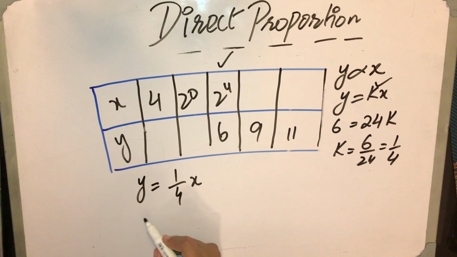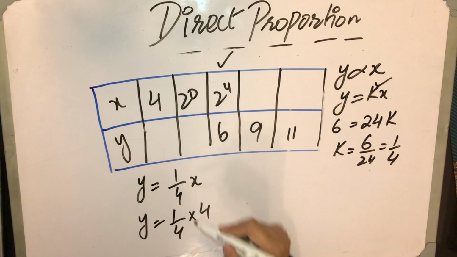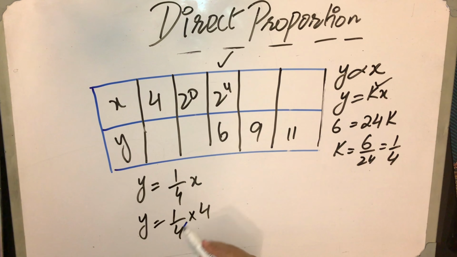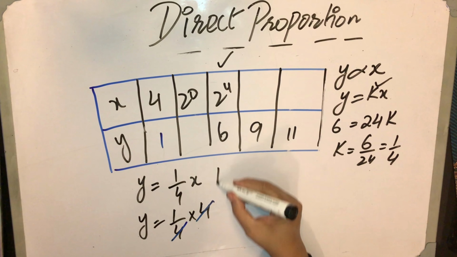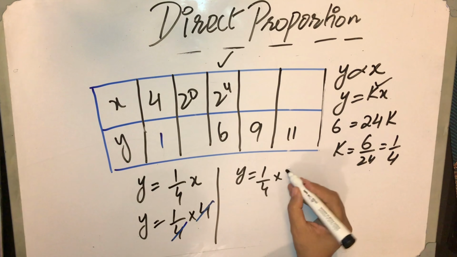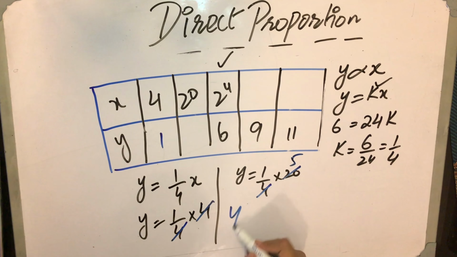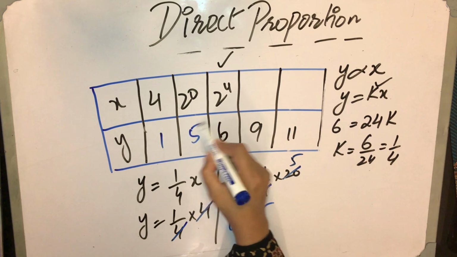Now put this x: y equals 1 by 4 into 4. This 4 will cancel 4 and y will be 1. Second situation, y equals 1 by 4 into x 20. 4 fives are 20, then we can have y equals 5.